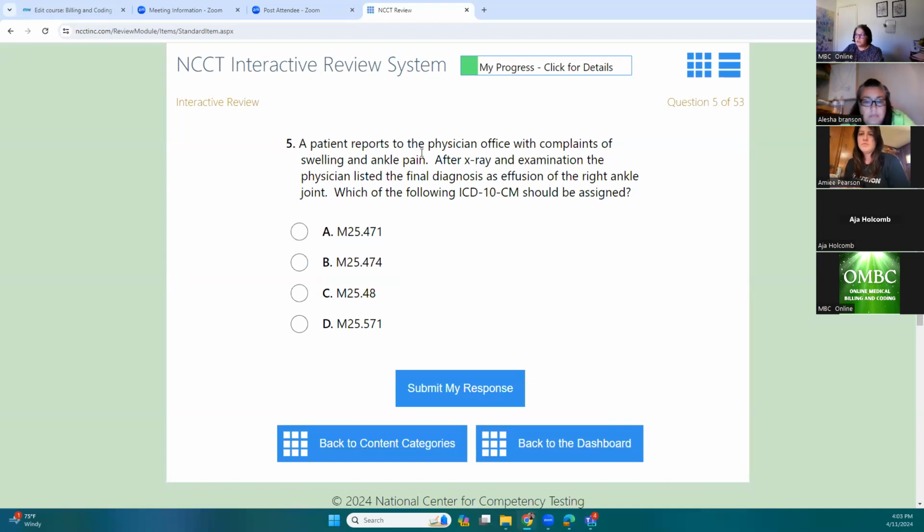A patient reports to the physician's office with complaints of swelling and ankle pain. After an x-ray and examination, the physician listed the final diagnosis as effusion of the right ankle joint. Which of the following ICD-10 codes should be assigned?